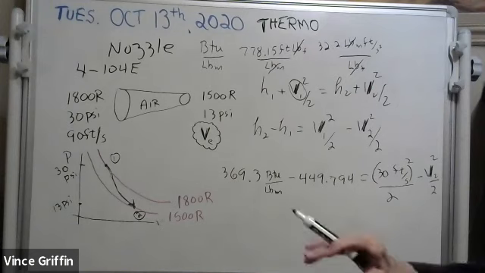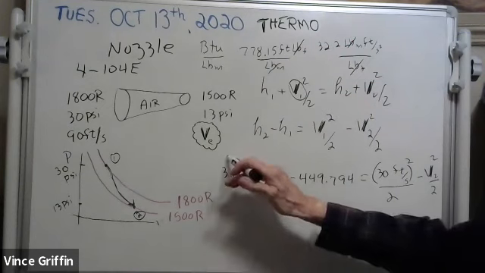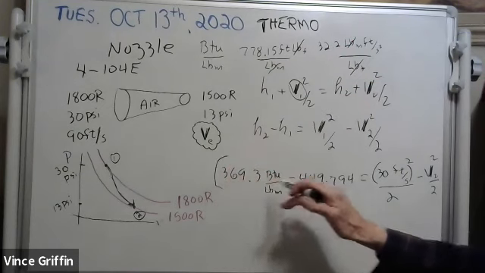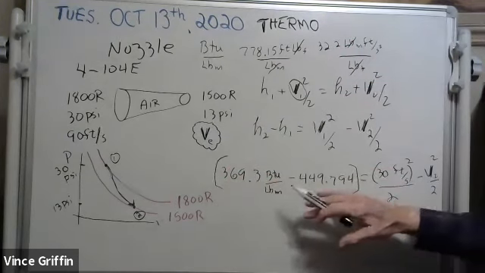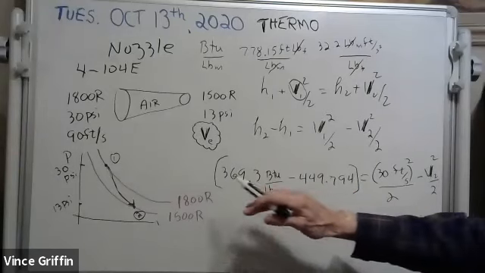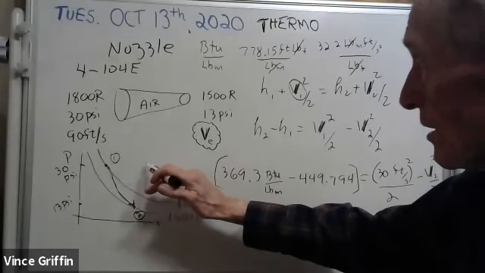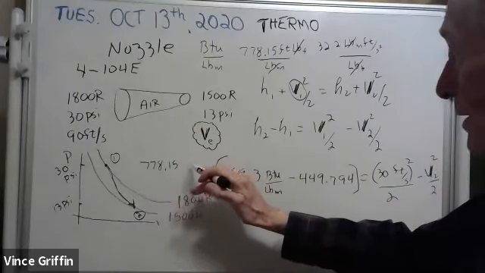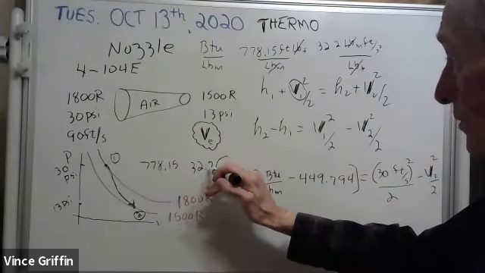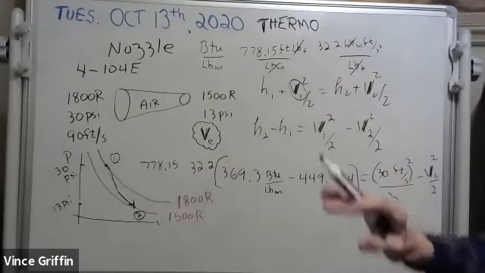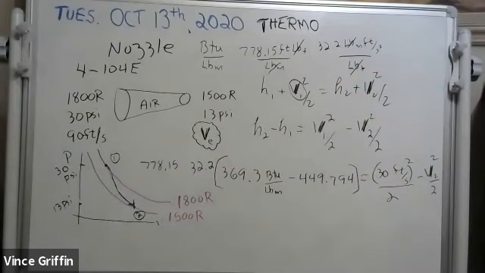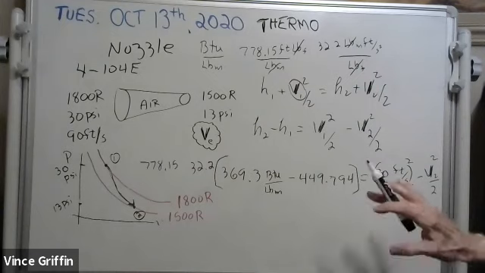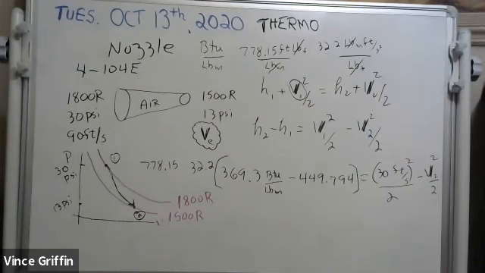So what we've got to do is on this left-hand side, we have to multiply everything here by 5 and multiply it by 32.2. I've shown you the units up here. And if you do that, what you'll have is feet squared per second squared, which is what you have on the right.